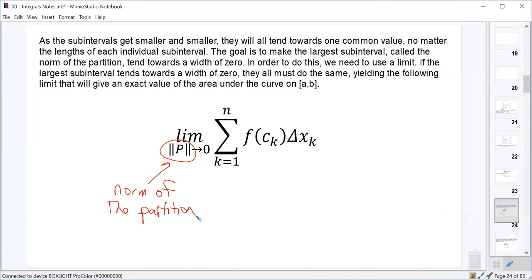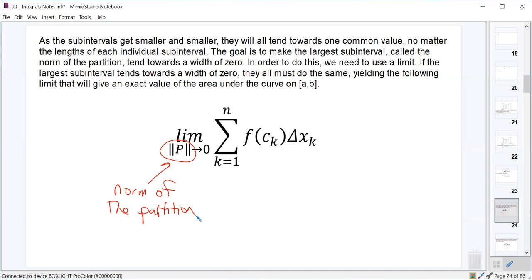For any function that we draw, we should be able to have each of our subintervals in our partition be the same length. And if we were to do that, we eliminate this need for us to have a norm of the partition. We can just say, let's let the number of subintervals approach infinity.